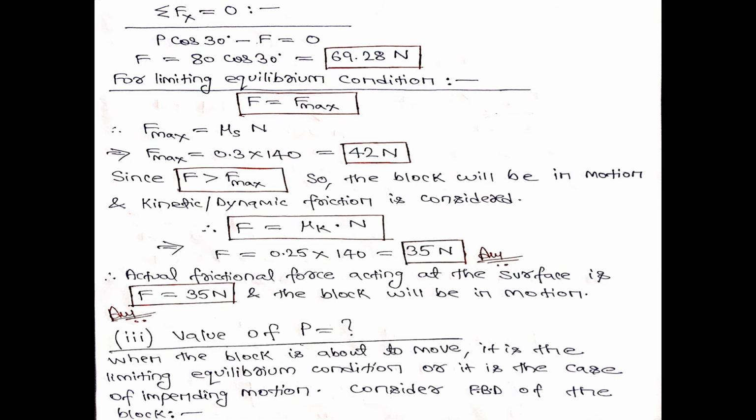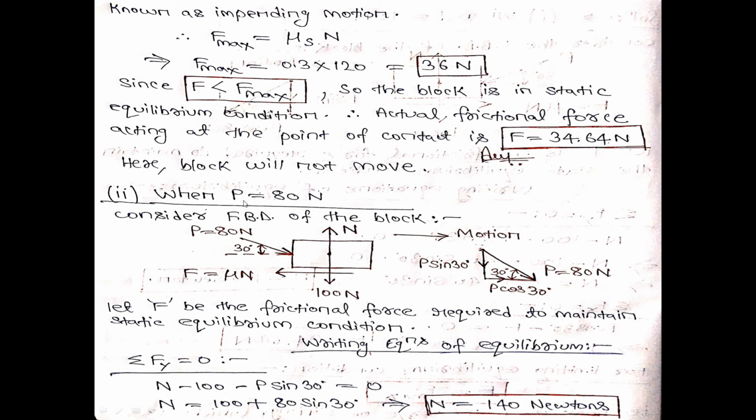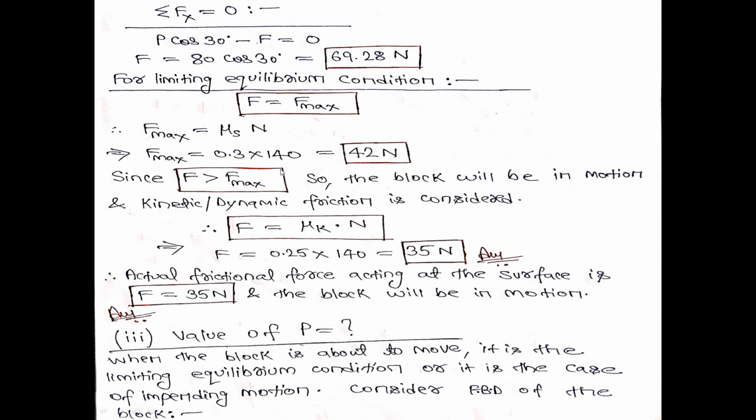Yes, because the frictional force which you have got by taking force P equal to 80 Newton is greater than the maximum frictional force, that means the body will be in motion. So when the body will be in motion, you have to take the coefficient of kinetic friction value, or coefficient of dynamic friction value.